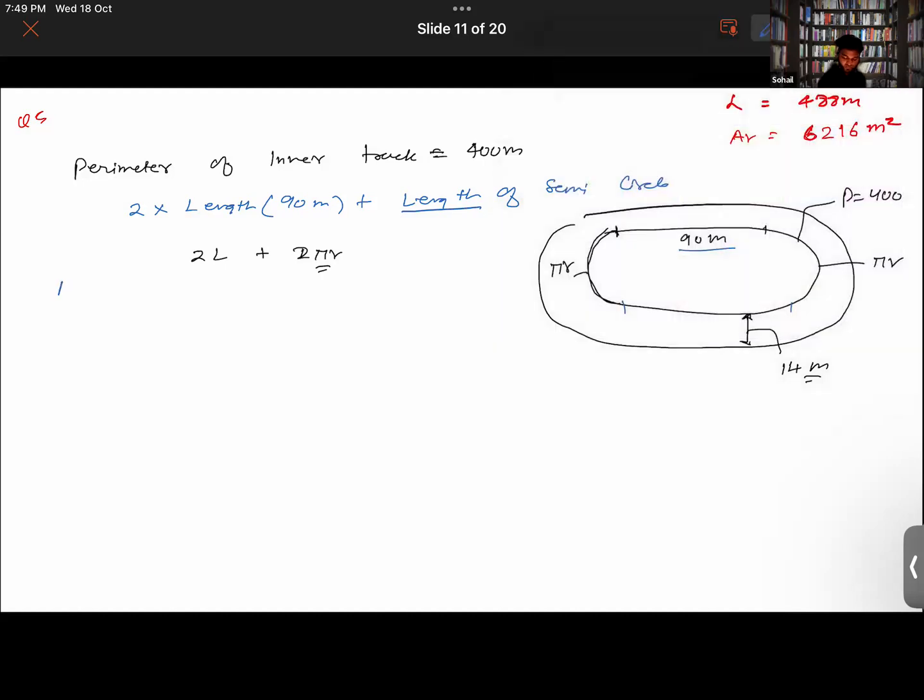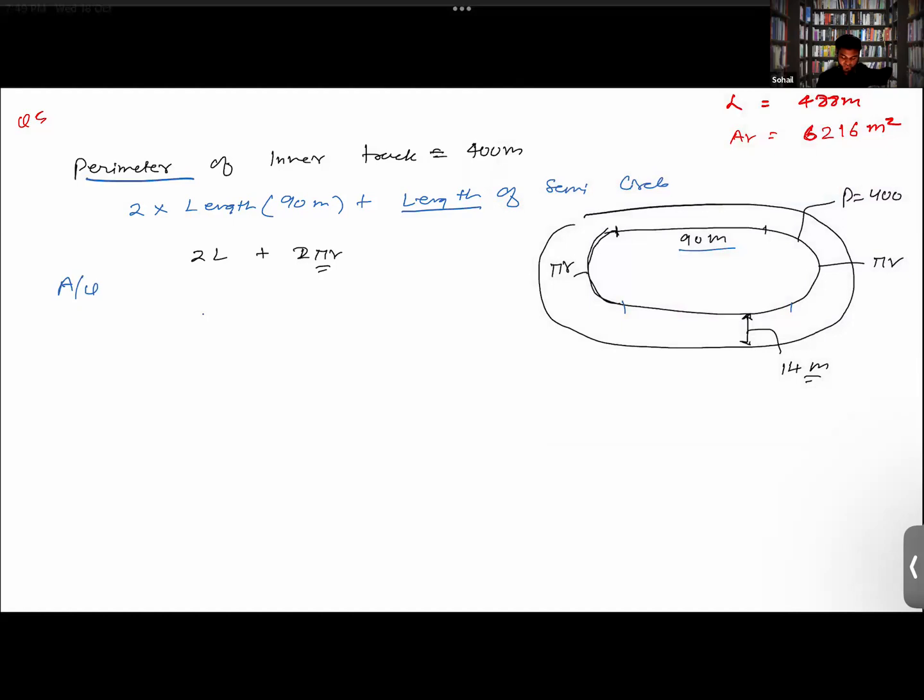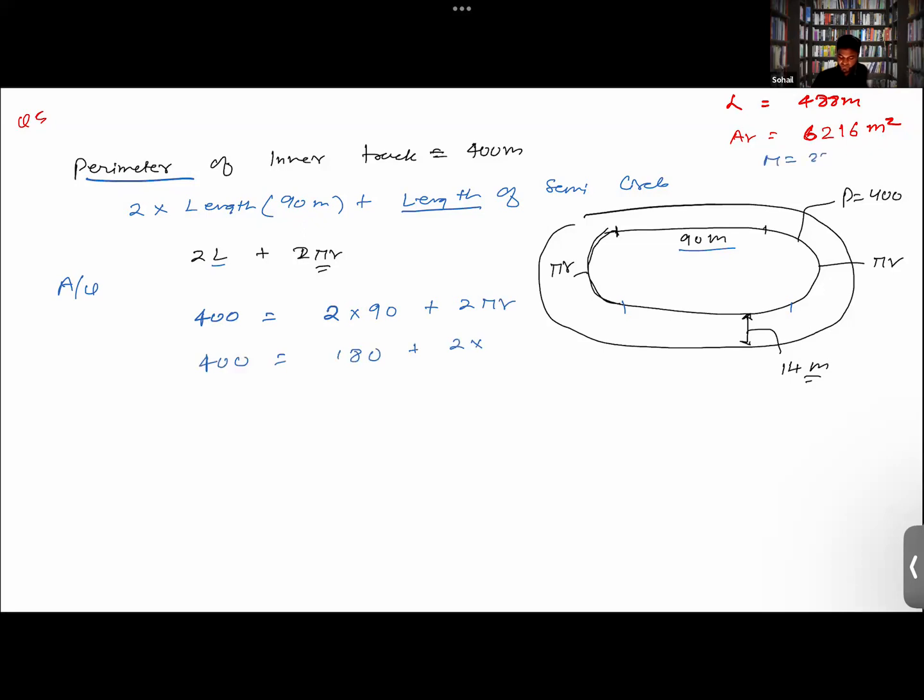Now, according to the question, the perimeter is already given as 400 meter. So 400 is equal to 2 into 90 plus 2 pi r. So let's put the value, 180, plus the value of pi you will be taking as 22/7, 22/7 into r.